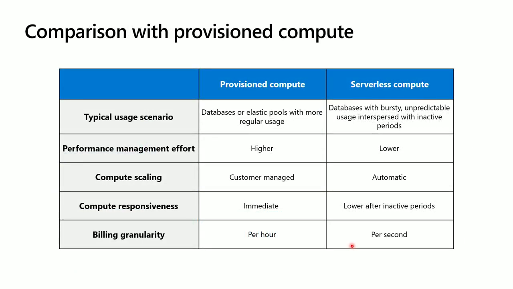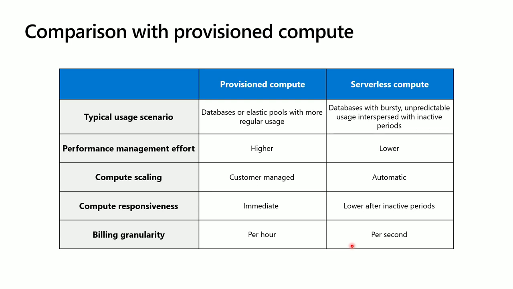And in terms of comparing other characteristics of provisioned compute and serverless, again, if you have continuous workload usage, I definitely recommend going to provisioned databases or even elastic pools. Elastic pools are also kind of like a serverless model, where you're sharing databases in a pool instead of one serverless database, so that also might be ideal for some scenarios.